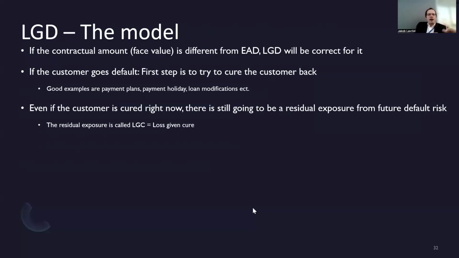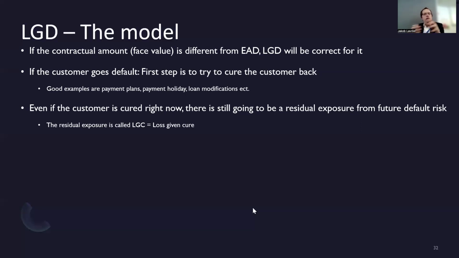And that means that, but even if you manage to cure them, and this is a very important thing, sometimes you see people say, if we cure the customer, then it's fine. But even if they cure, this is now a high risk customer.